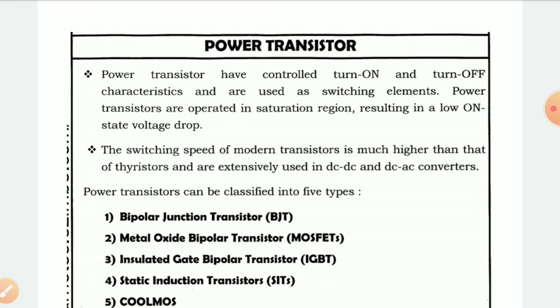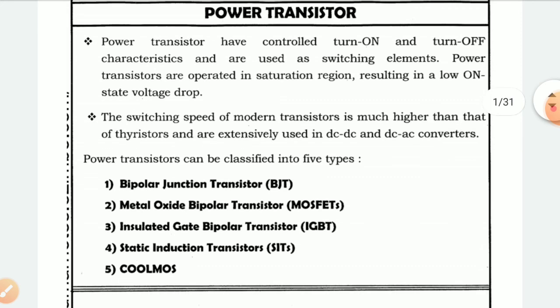In the next class we'll discuss these different types of characteristics, then the bipolar junction transistor, BJT, and many more tomorrow.